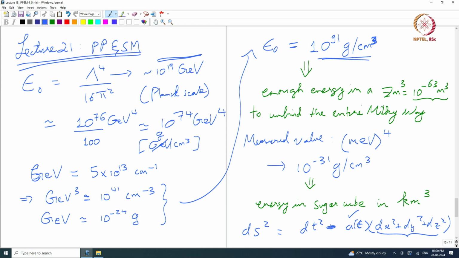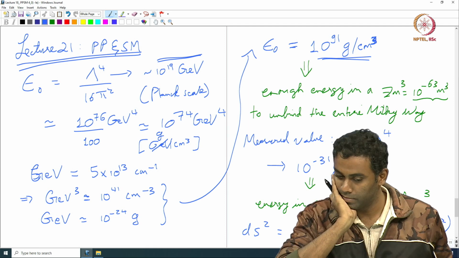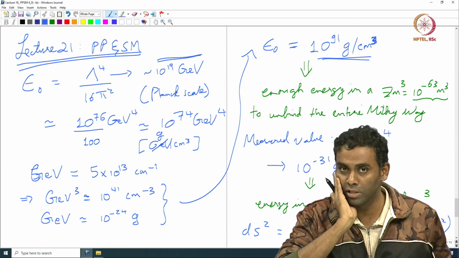And if that energy is positive, then space will expand away so fast that you won't see anything beyond a Planck length. So the horizon length will become the Planck length. Either way, the universe will be a very tiny place, and we wouldn't have ended up with such a big universe.